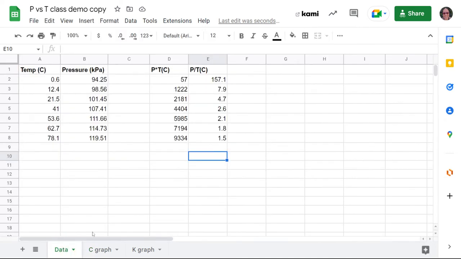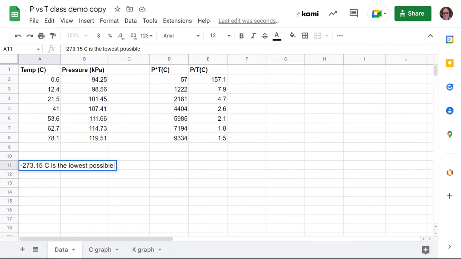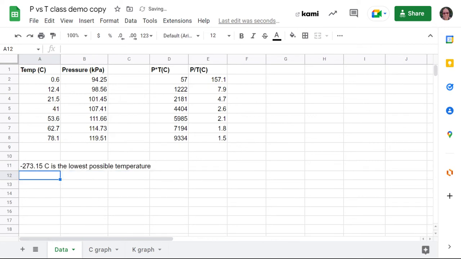So I'm going to type it here. -273.15 Celsius is the lowest possible temperature. I can't type today. Lowest possible temperature. Now, there's a special name for this lowest possible temperature. It is called absolute zero.